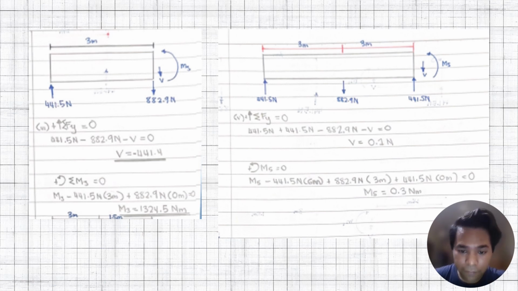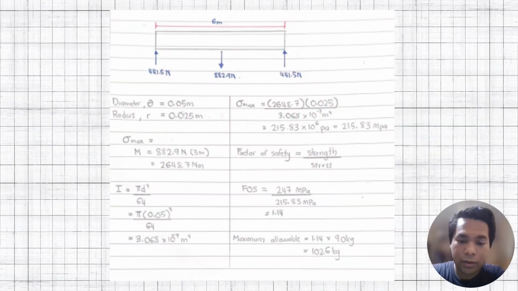In figure 5, the overall Fy is equal to 0, so the answer is 0.1 Newton. For the overall M5 also equal to 0, the answer for M5 is 0.3 Newton meter.